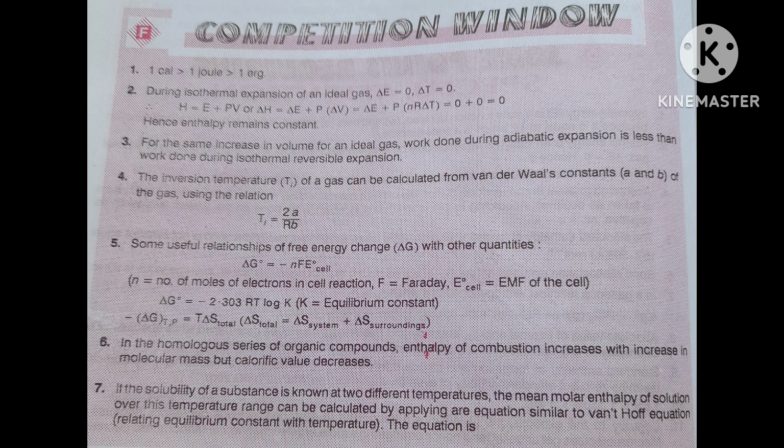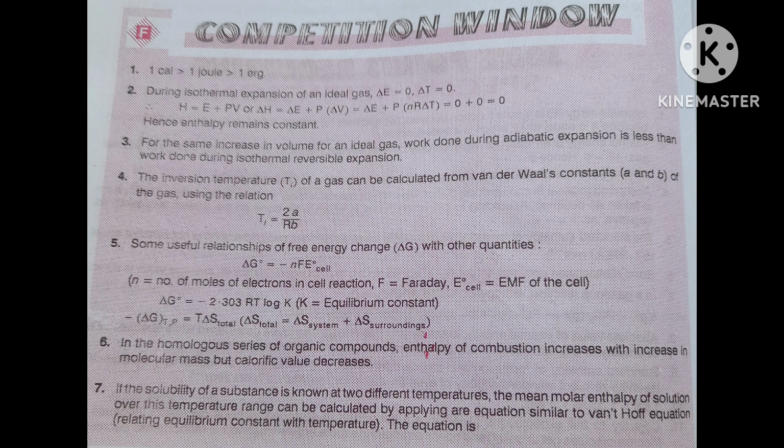Log C2 upon C1 is equal to delta H divided by 2.303 R, in bracket 1 upon T1 minus 1 upon T2, where C1 and C2 are solubilities at temperatures T1 and T2.